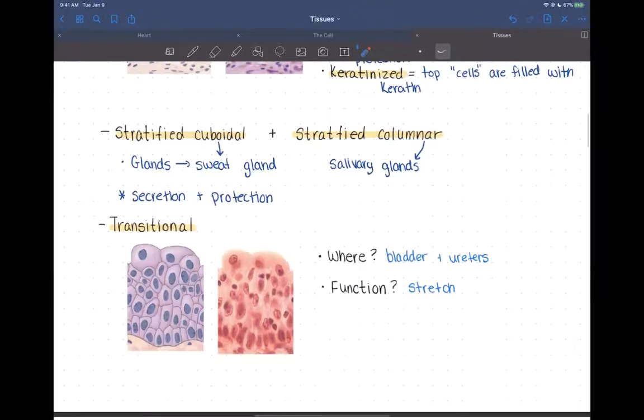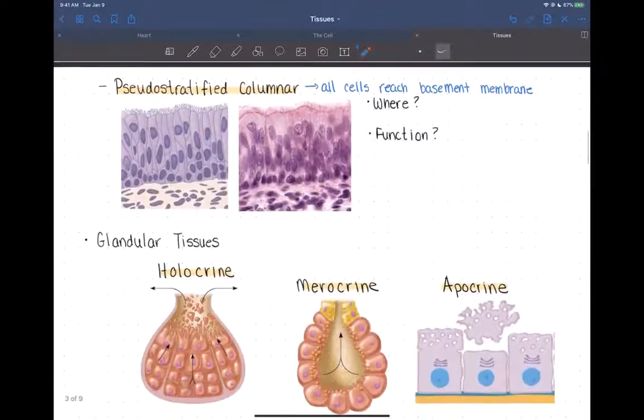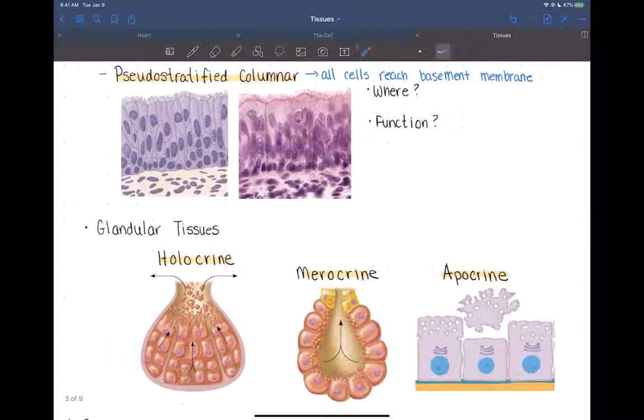Okay, and so with the pseudostratified columnar, they're typically found most common in the respiratory tract. All right, so respiratory. So in your nasal cavity, you have this, and typically it is, as shown here, ciliated.